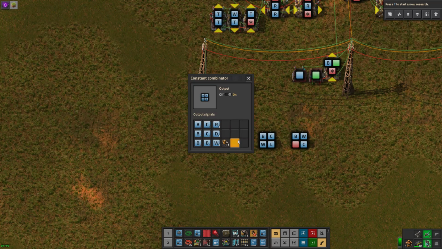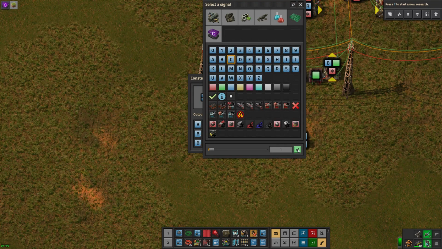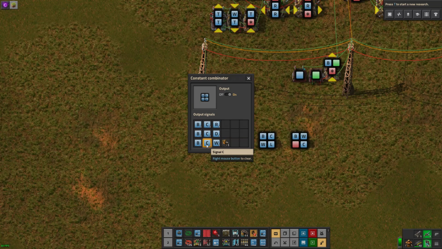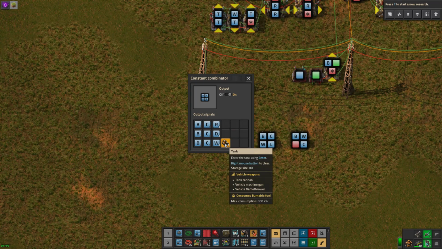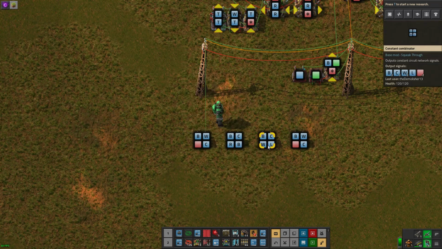And how you would write those commands is: cell block, cell, read. Cell block, cell, reset. Cell block, cell, write any value you want.